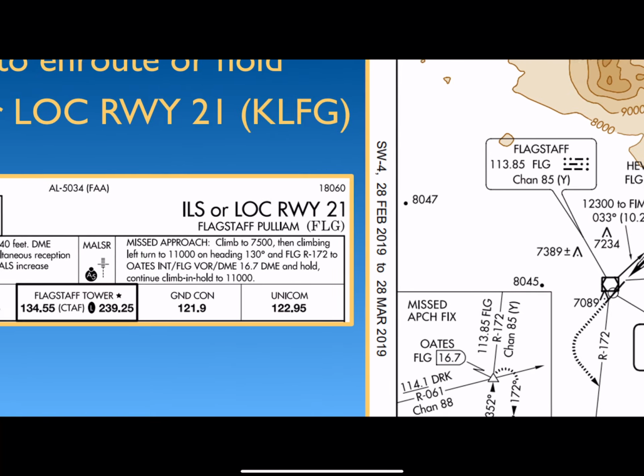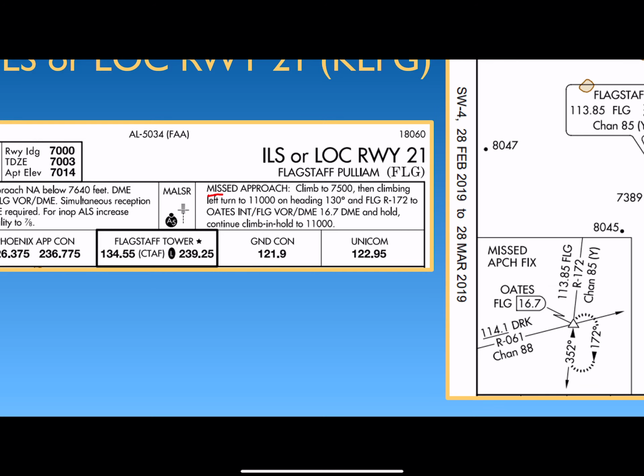At the top, there is a description of the missed approach. So this is at the top of an approach plate. So it says once you hit that decision altitude and you don't have the runway in sight, you're going to start by climbing to 7,500.